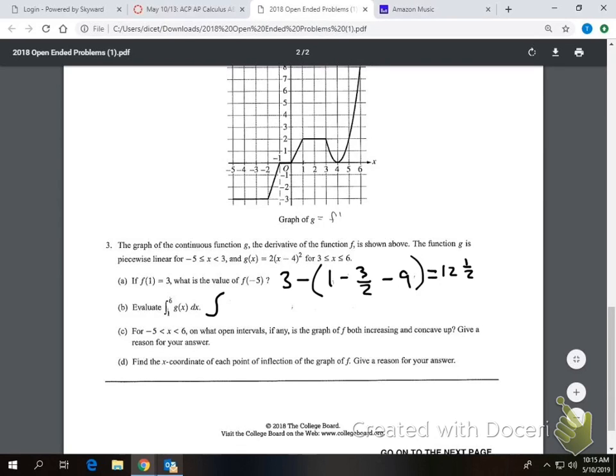You should go the integral from 1 to 3 of g of x dx plus the integral from 3 to 6. And I was given a function. Look up here. I was given what this is. From here to here, it's what? 2 times x minus 4 quantity squared dx.